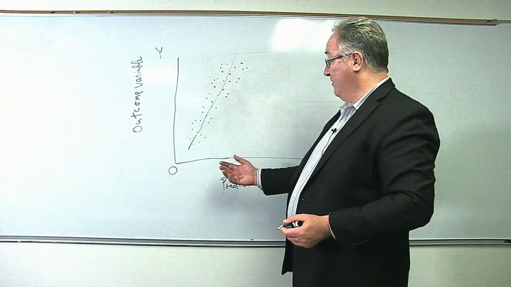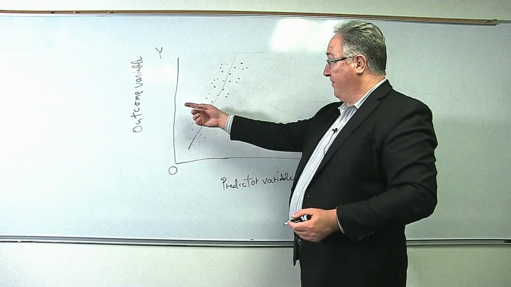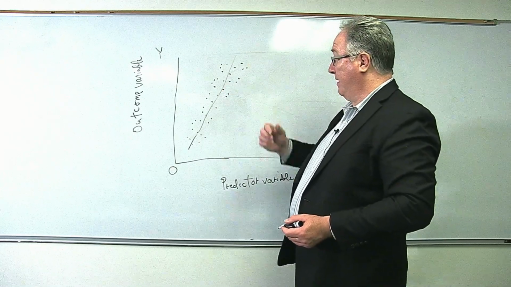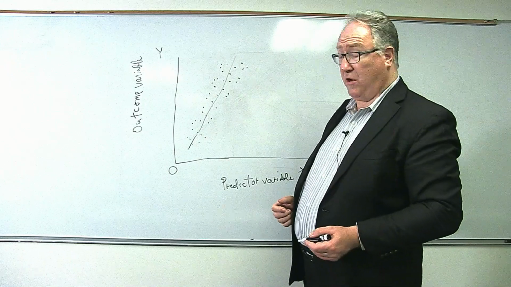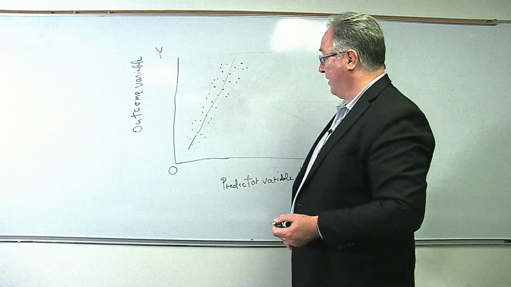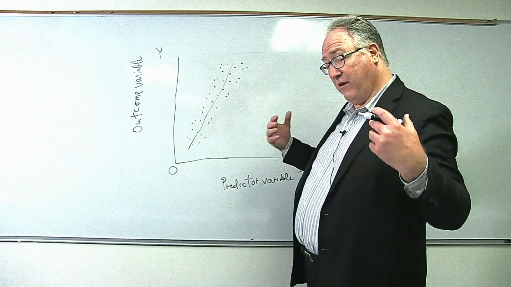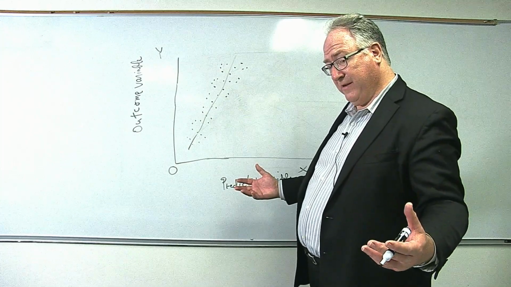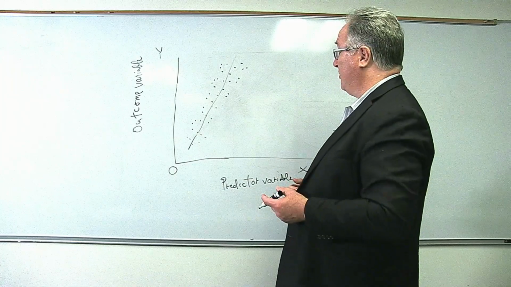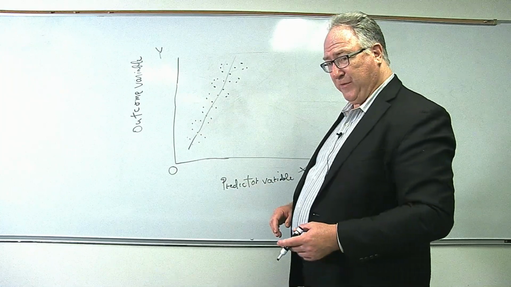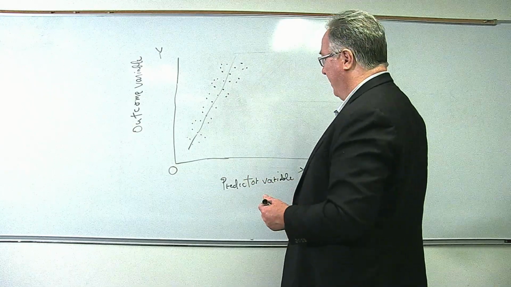Because we can see as values on the predictor variable increase, the values on the outcome variable are really increasing at a fast pace. That's a strong linear relationship. So the one thing that all of these examples have in common is that we have a linear relationship present. The only exception was that curvilinear relationship I showed you, that quadratic relationship.